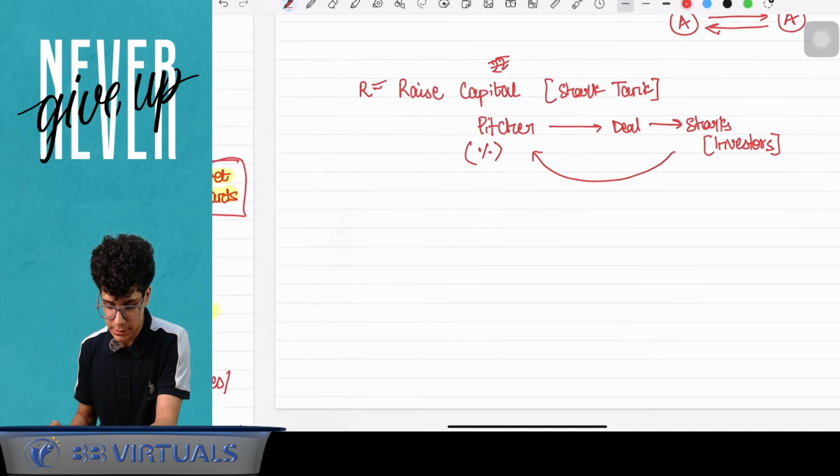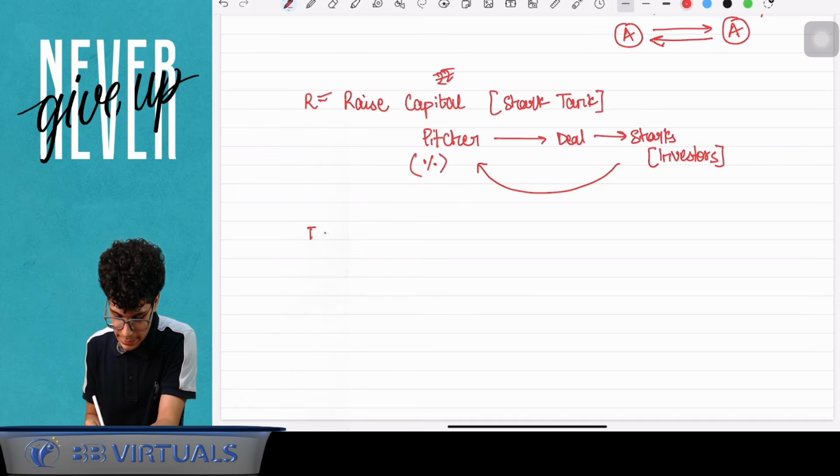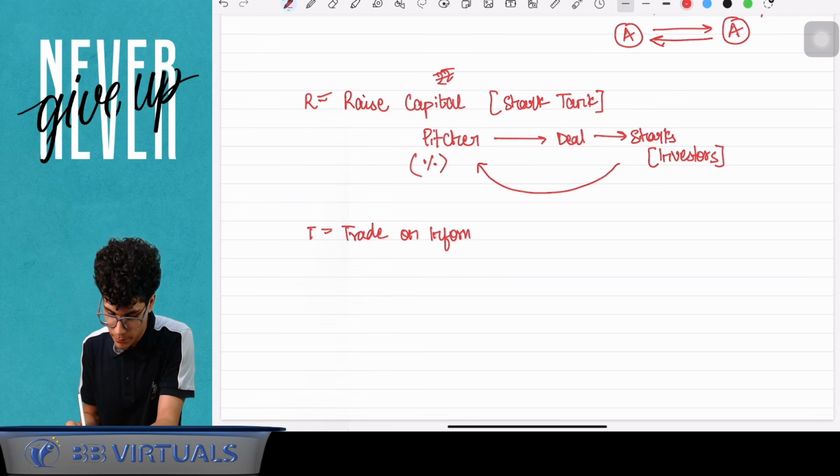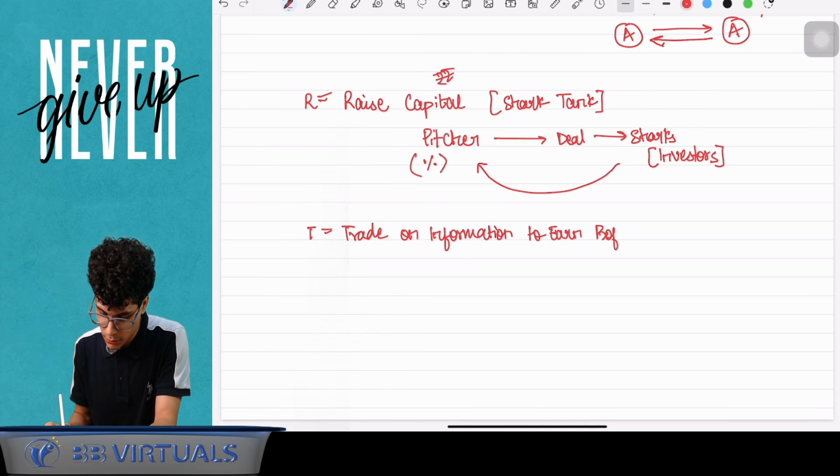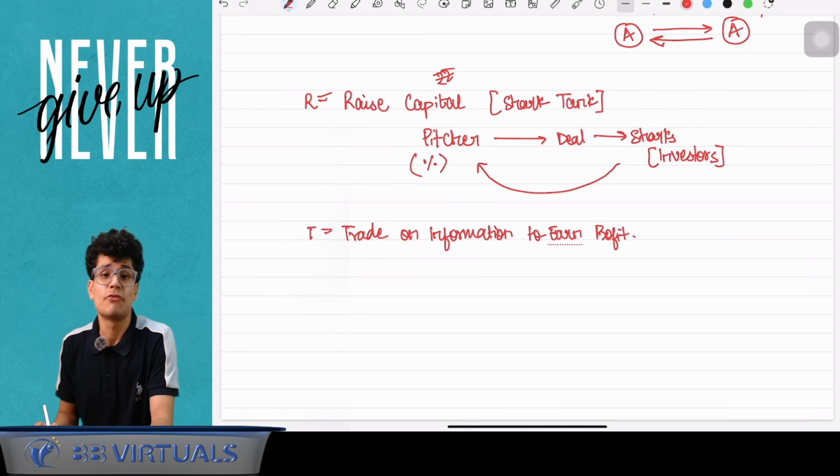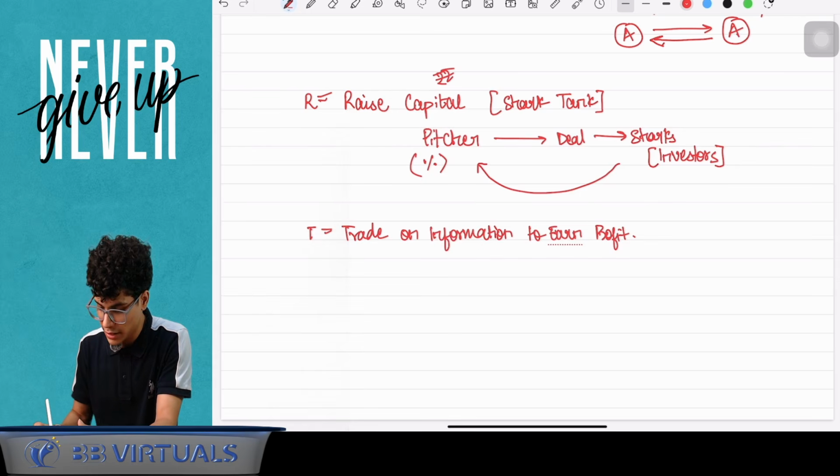Did we understand this? And lastly, T, that is to trade. To trade on information, to earn profit. So why would we acquire so much knowledge? Why are we into the process of acquiring knowledge?